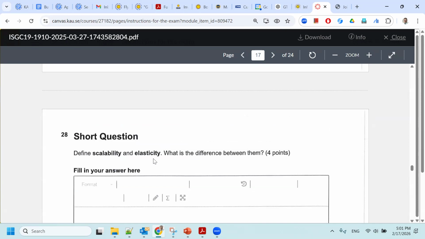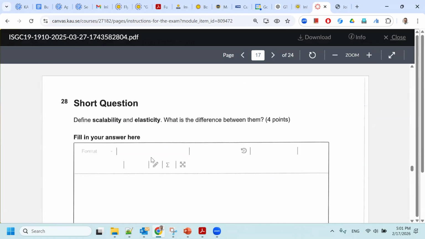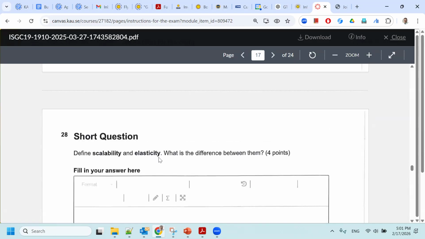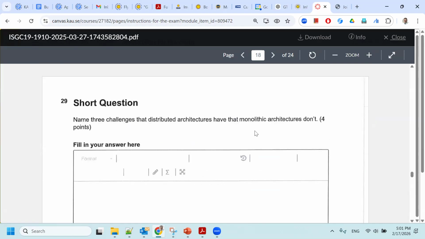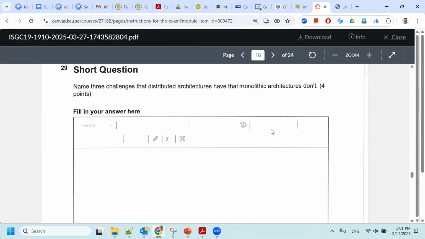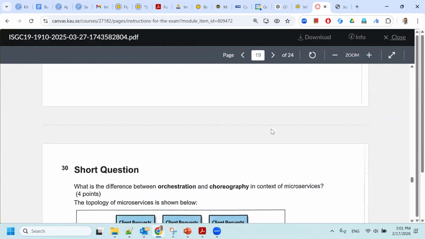We have learned so much about these two quality attributes, so I assume you should be able to answer these. Then after these short questions, three challenges of distributed systems, a pretty common question. If you listen to the lectures and the videos I gave you, you will be able to answer.